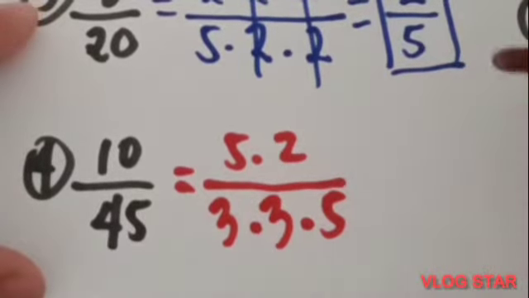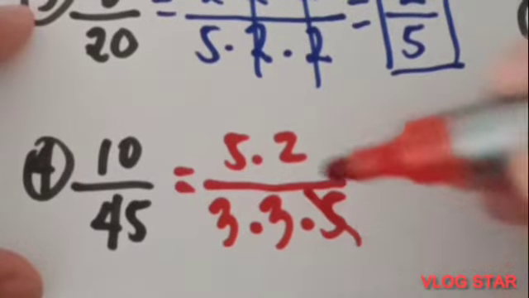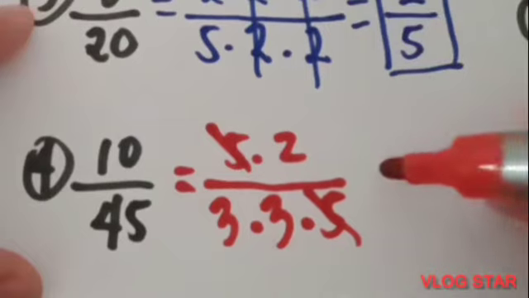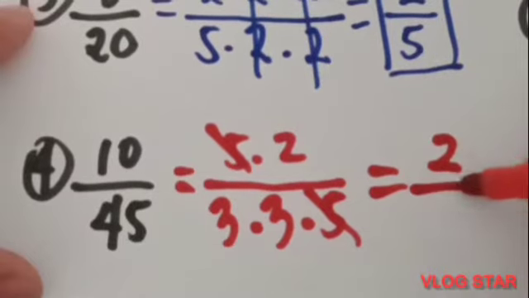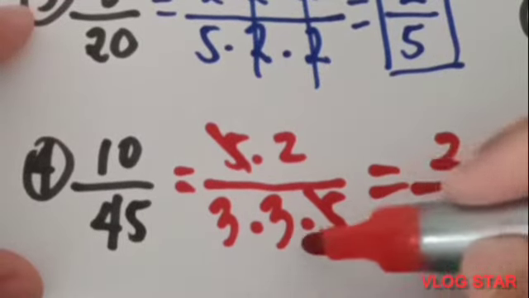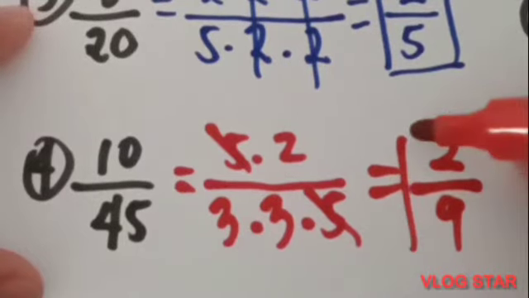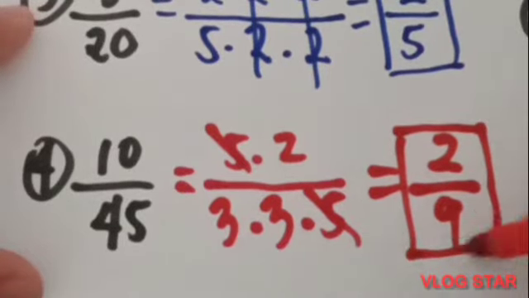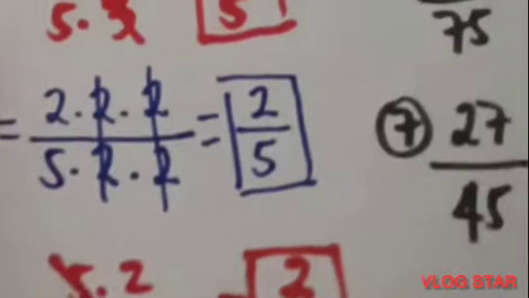So, mayroon tayong magkaparehas yung 5. 5 and 5. Tapos, ang sagot is 2/3 times 3 is 9. So, ang tamang sagot is 2/9.